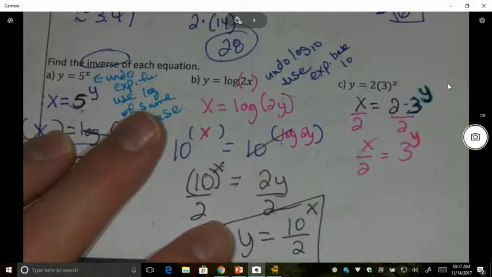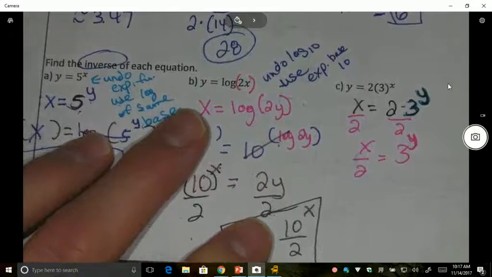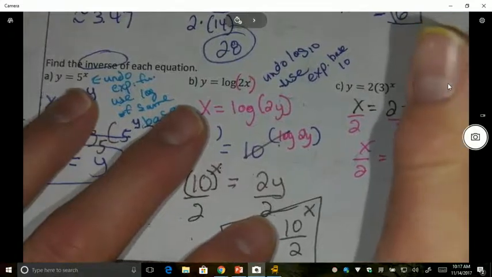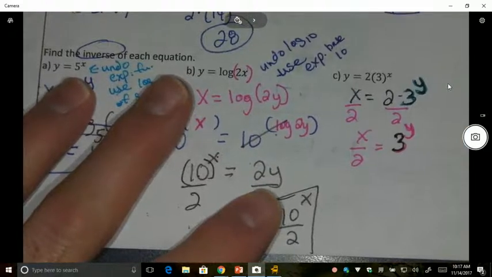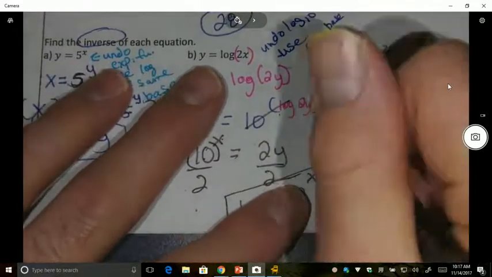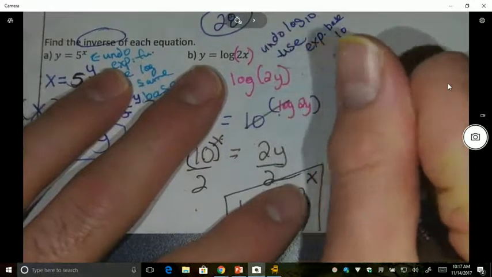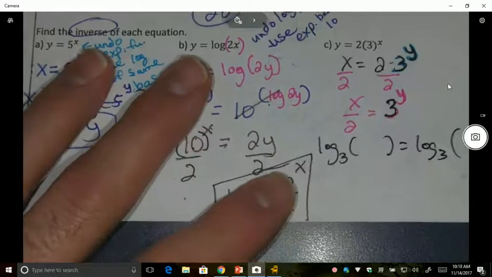Now that the exponential expression is by itself, I can undo it. But notice its base is 3, so what am I going to have to use to undo exponential base 3? Somebody said it. Log base 3. So I've got log base 3 on the left and log base 3 on the right. Whatever I do to the left, I got to do to the right.